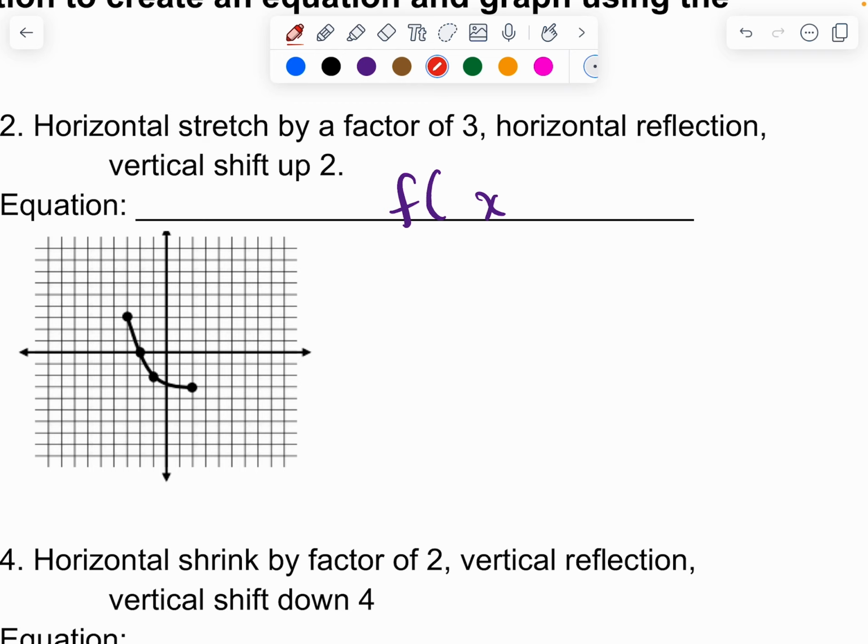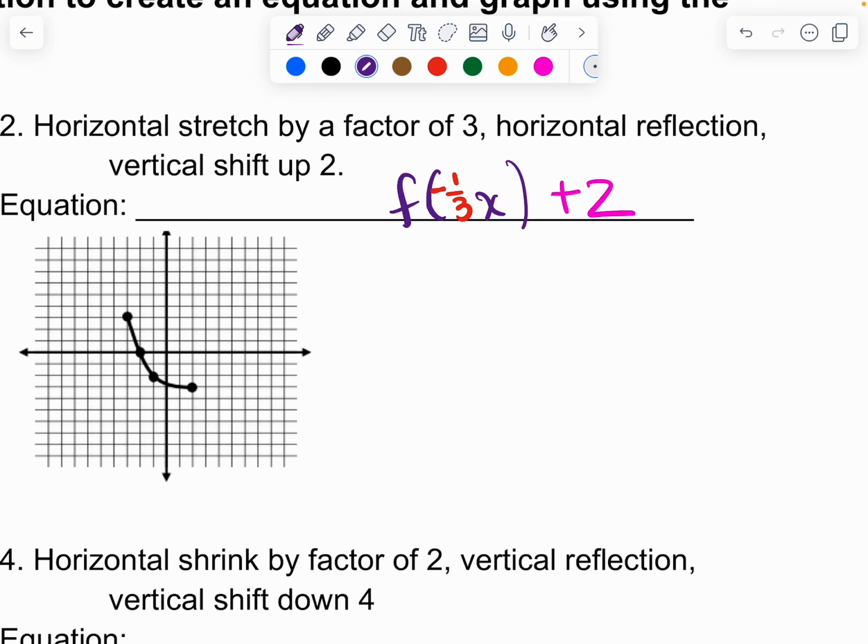Horizontal stretch. So a stretch is going to be 1/3. Reflection, oh, that should be negative. And then we just stretch up. All we're doing is a vertical shift up, so +2.